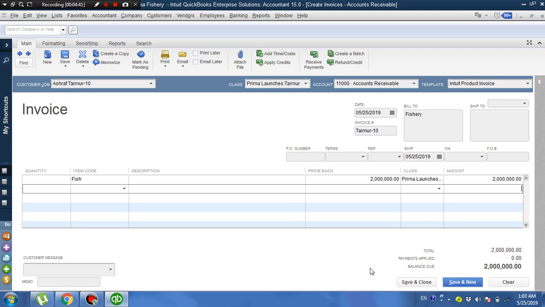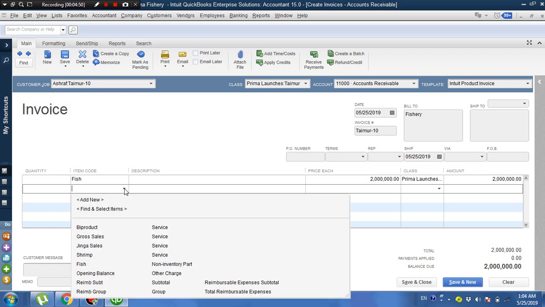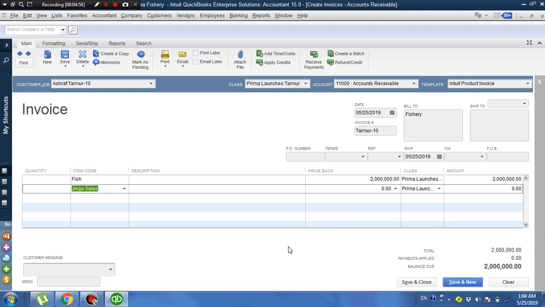We need to press save and close. We can also select from here Jinga, which is actually prawn in the Urdu language. So we select Jinga, prawn if I'm right, because my English is weak.